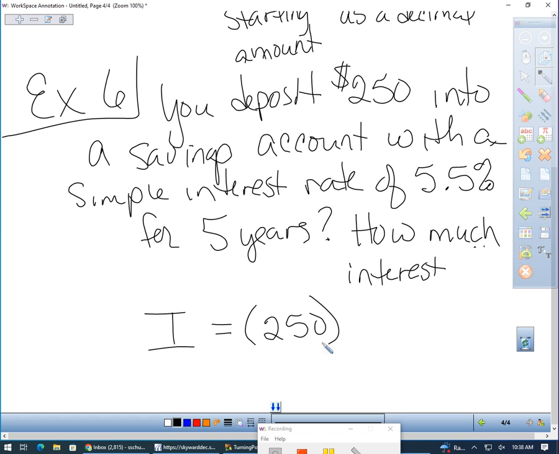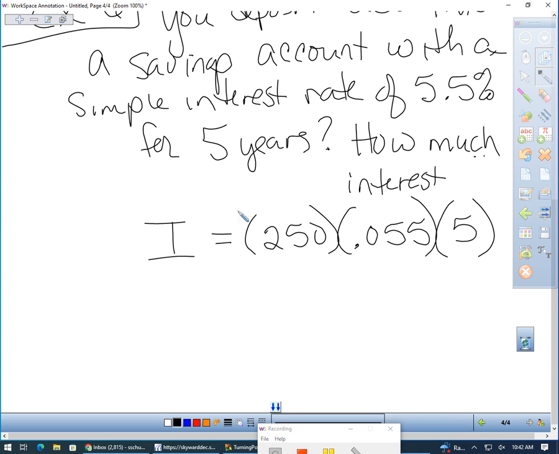So we move it over 2, and we get times 0.055. And then, how much time is it? 5 years. Grab your calculators. Multiply 250 times 0.055 times 5. Perfect. So if you can leave that money alone for 5 years, you would get $68.75.